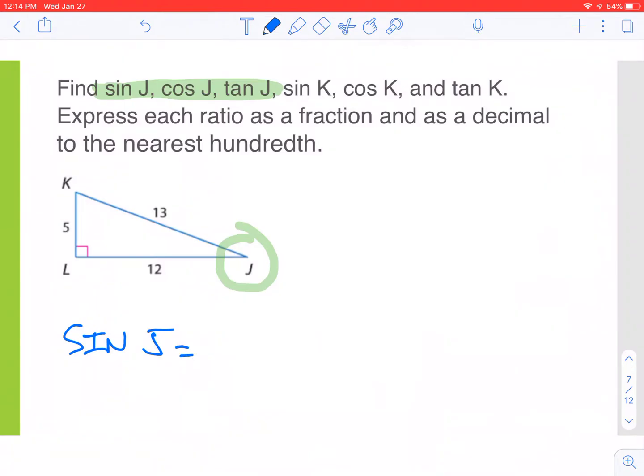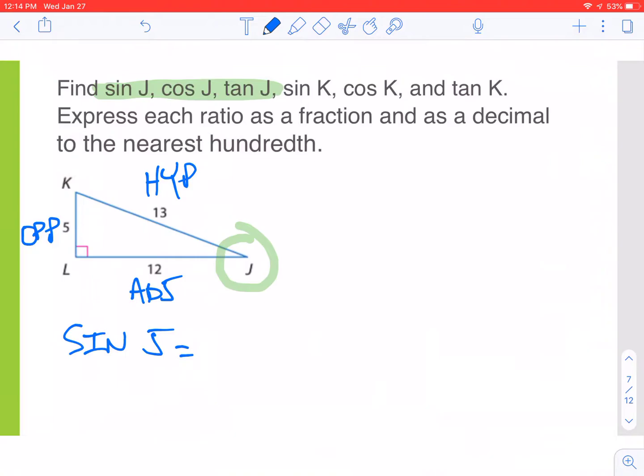Well, I have to label my sides. This is opposite of J. This is the hypotenuse because it's opposite 90. And this is adjacent because it's next to J. The most common error I see is that students don't know how to label the sides. Opposite is on the other side of the triangle. Adjacent is right next to it.